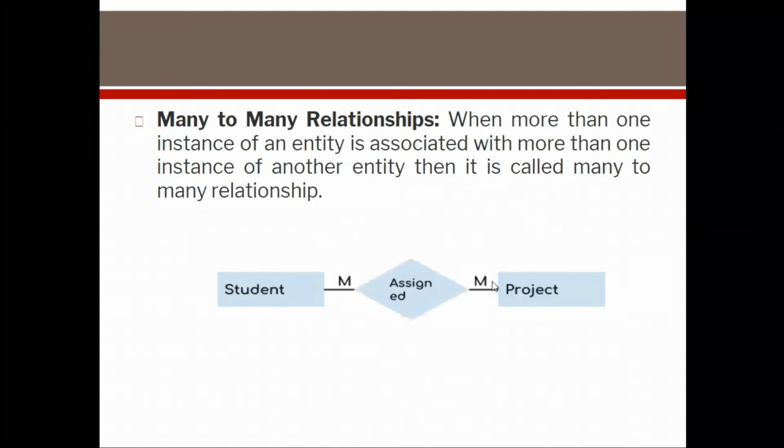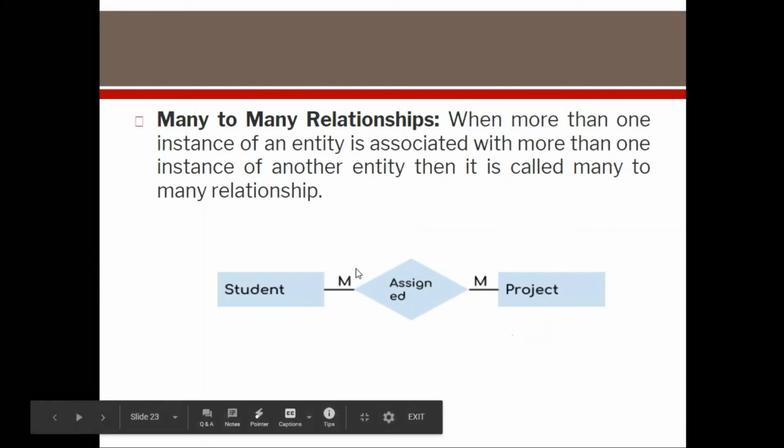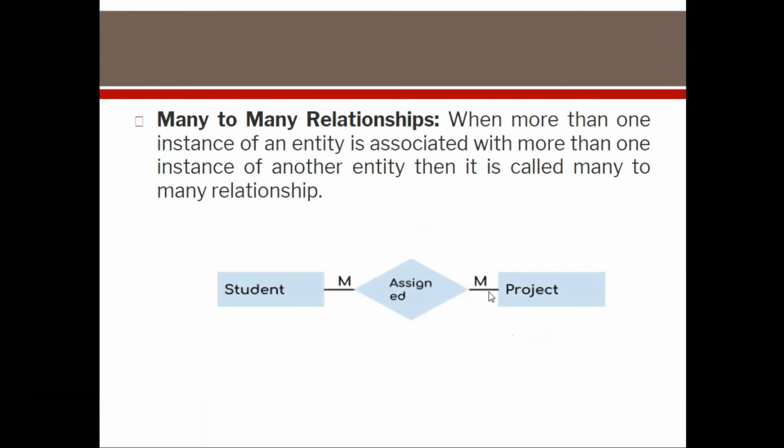Then you have many to many here. Okay, many students can be assigned many projects. ऐसा हो सकता है कि एक स्टूडेंट को एक सेमेस्टर के अंदर 4 प्रोजेक्ट करने मिले हों. Okay, it is possible. सो ये रिलेशनशिप बताता है कि बहुत सारे स्टूडेंट्स को एक से ज्यादा प्रोजेक्ट दिया गया है. So M and M. So this is your many to many relationship.